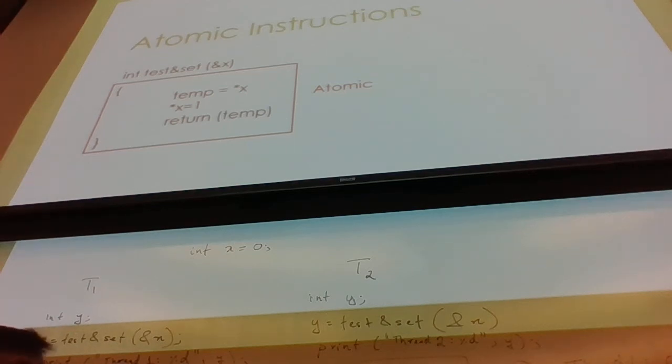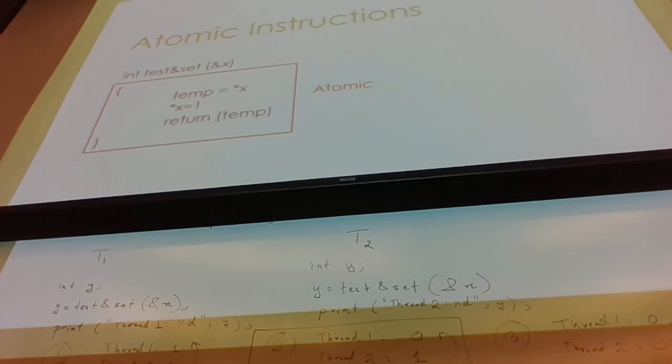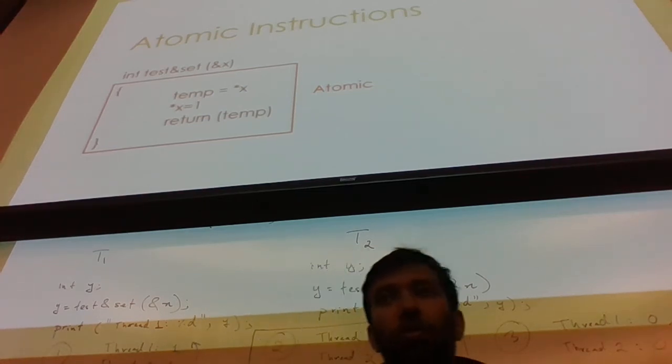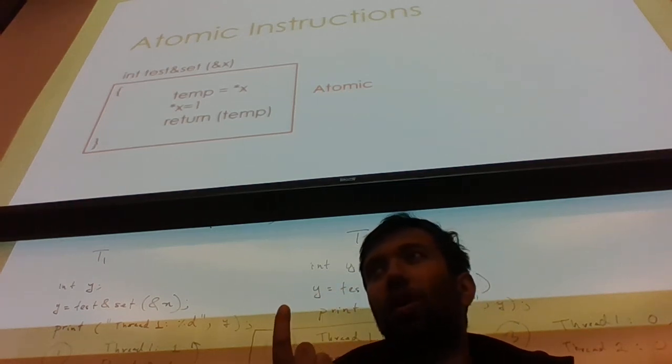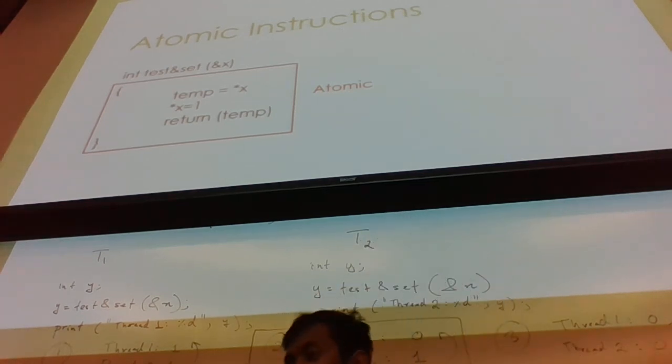Anyways, what you will get is, if thread 2 executes first, then thread 2 will give me 0 and thread 1 gives me 1. Now if I remove this text and only see the status of the variable, there is only one solution, 0, 1. So there is no uncertainty.